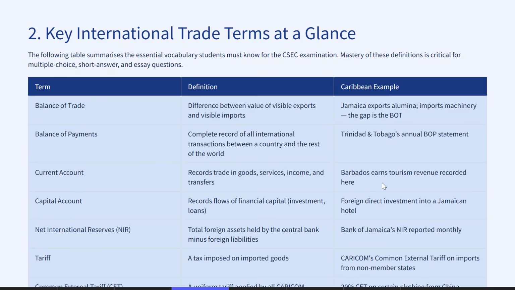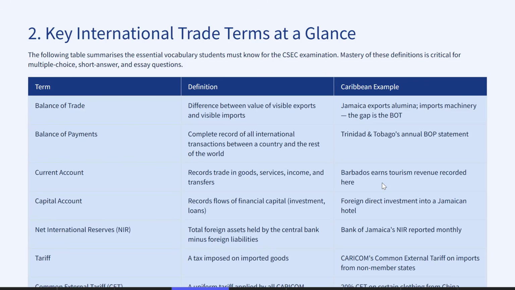Now the balance of payment has three main components. It has the current account, capital account, and the financial account, which we look at the international reserves for. So let's look at the current account first. The current account shows the flow of goods, services, income, and current transfers.